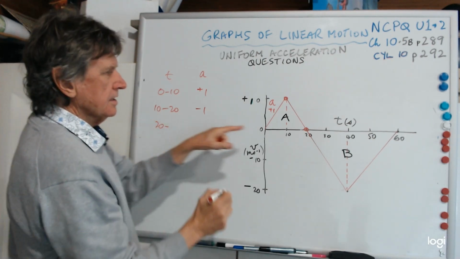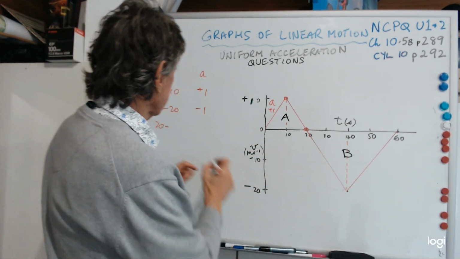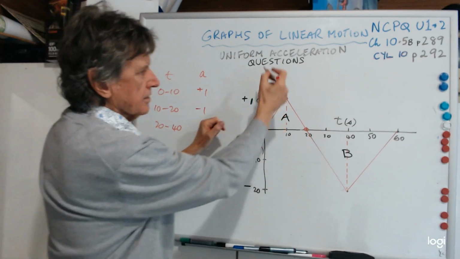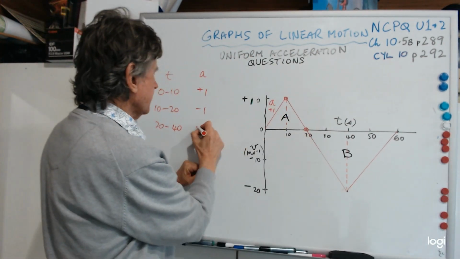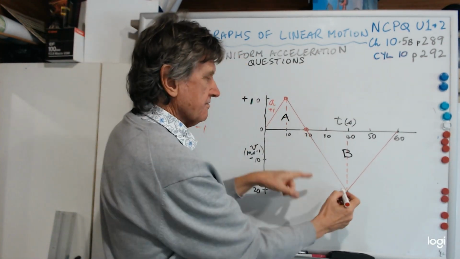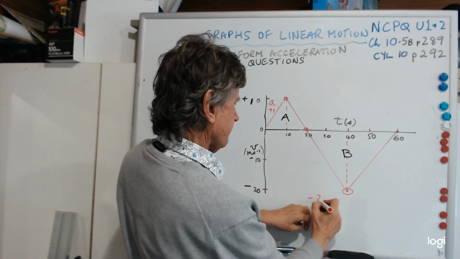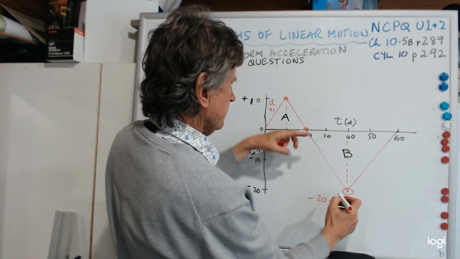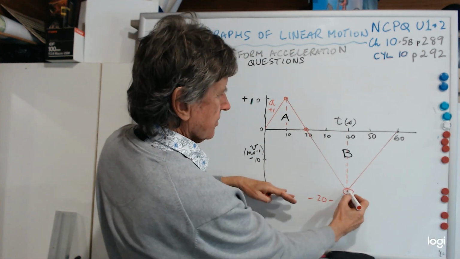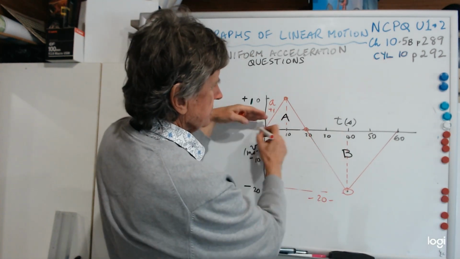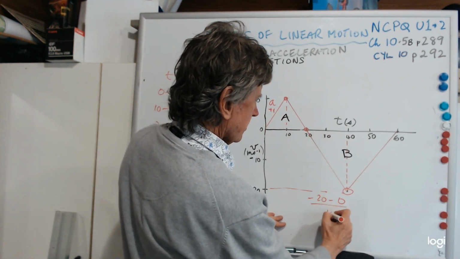From 20 to 40 seconds, well, the gradient's still the same, so this must be negative 1, but let's have a look. It's final, which is negative 20, minus initial, which was 0, over time.